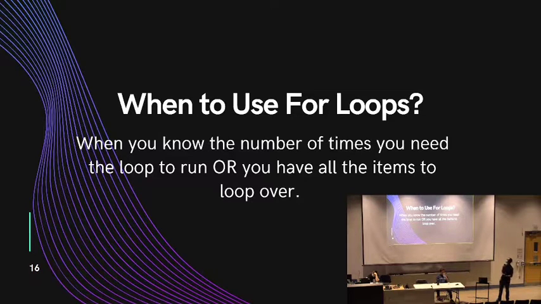So when should we use for loops? For loops basically allow you to know the number of repetitions that your code will run for. So when you have a problem and you have a fixed interval of repetitions that this thing should be running for, that's a really good indicator that this should be a for loop. Or you have all the items that you want to iterate over, so you already know what it is.